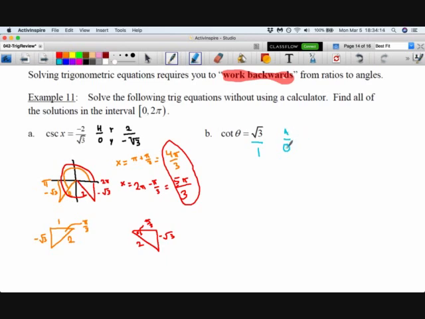Adjacent over opposite, which is x over y. So my x should be root 3, my y should be 1. So the easy one to get is in the happy quadrant, where my x is root 3 and my y is 1.